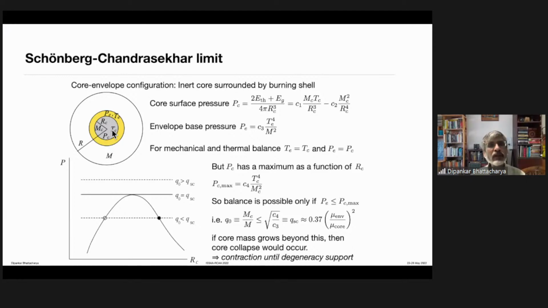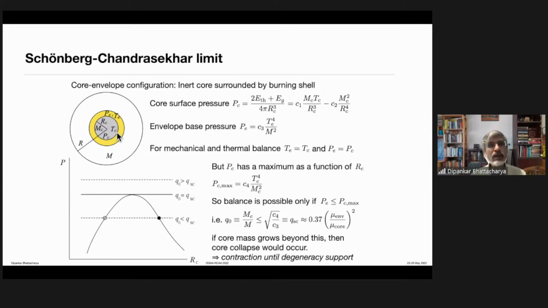When there is no nuclear fusion occurring in the core, the temperature of the core is practically uniform. So T sub c is constant in the core. The surface pressure here is P sub c, and the envelope has its own temperature and pressure, but they meet at the surface of the core.